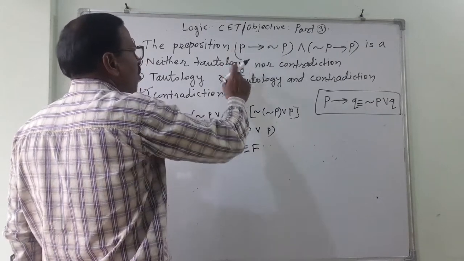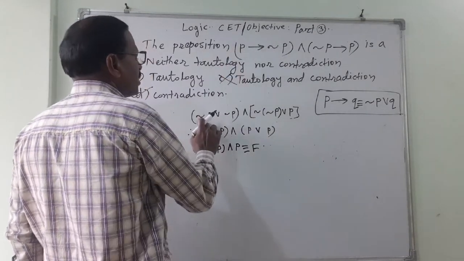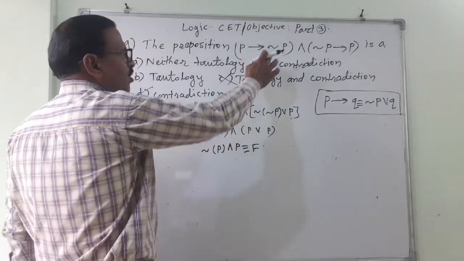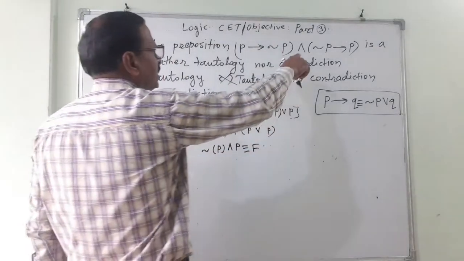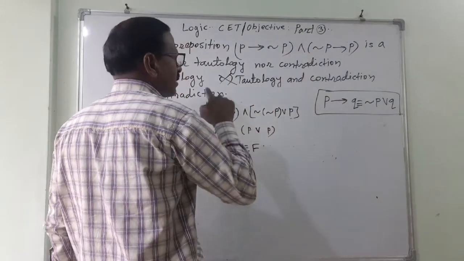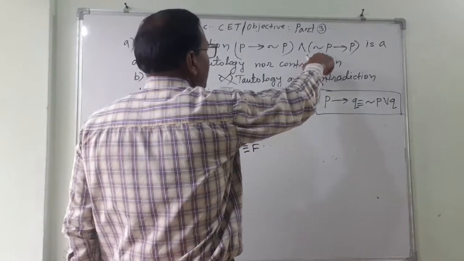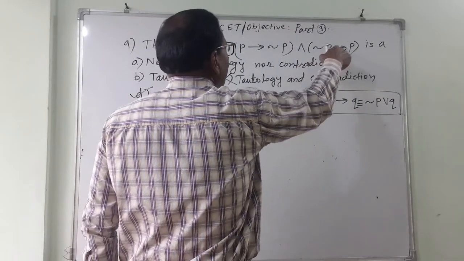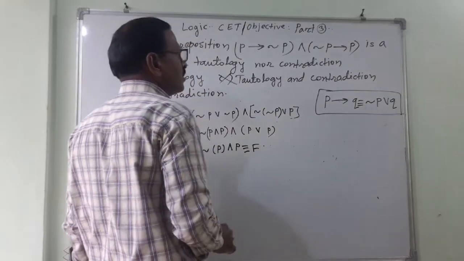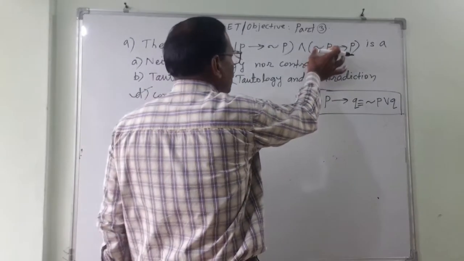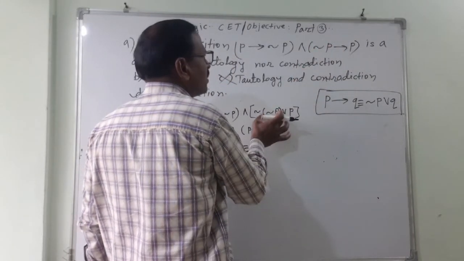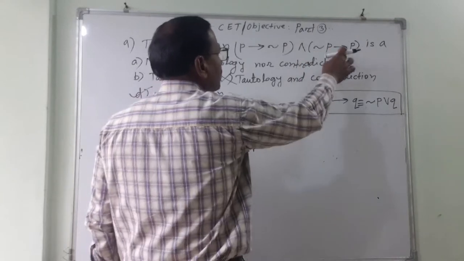Negation of this or this. Negation of P or negation of P. Then it is and. Negation P implies P, so the equivalent will be negation of this or this.